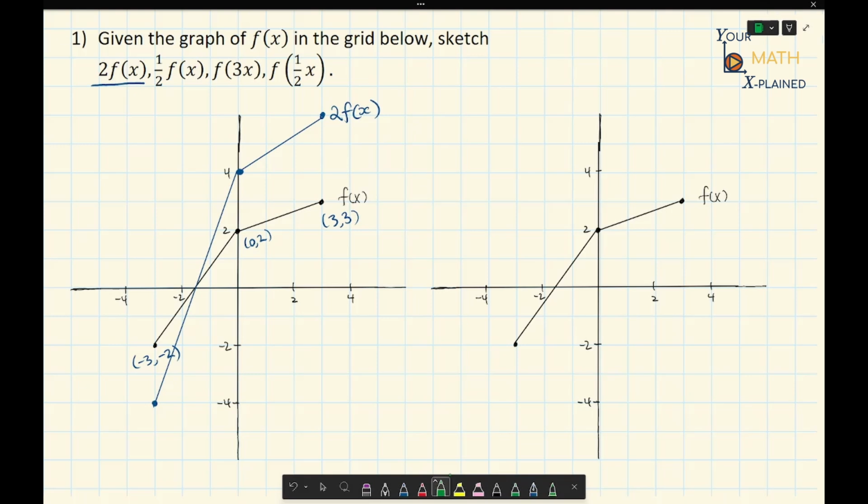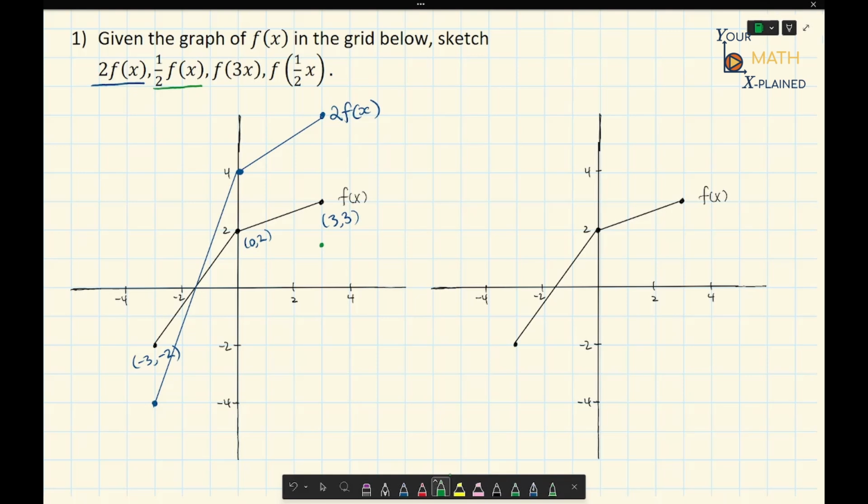Let's draw our next graph in another color. So we want to do 1/2 of f of x. What this means is it is going to be a compression vertically by a factor of 2. So that means our (3, 3) is going to become (3, 3/2).